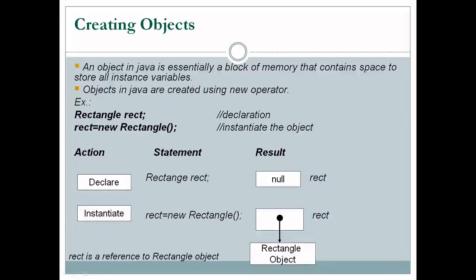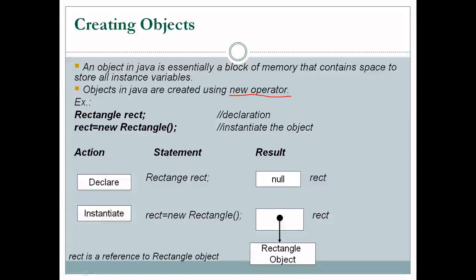So whenever we create an object of a class, it assigns a block of memory which stores all the variables of that particular class. Objects in Java are created by using the new operator.